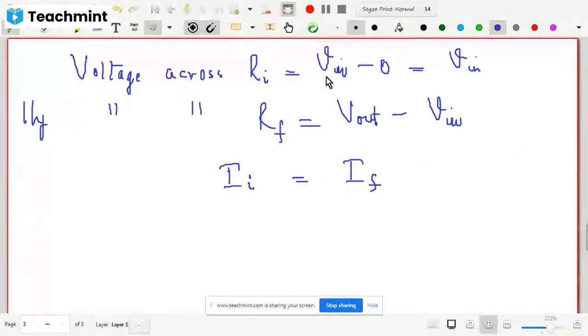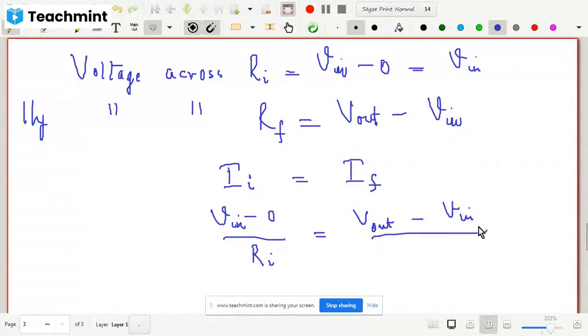So I will write here V in minus 0 divided by Ri. This is equal to the feedback current. The feedback current is this potential divided by RF, so it is V out minus V in divided by RF. So now you can find out the gain. Why have we written the equations like this? Because we want to calculate the gain. So you can do some simplification.